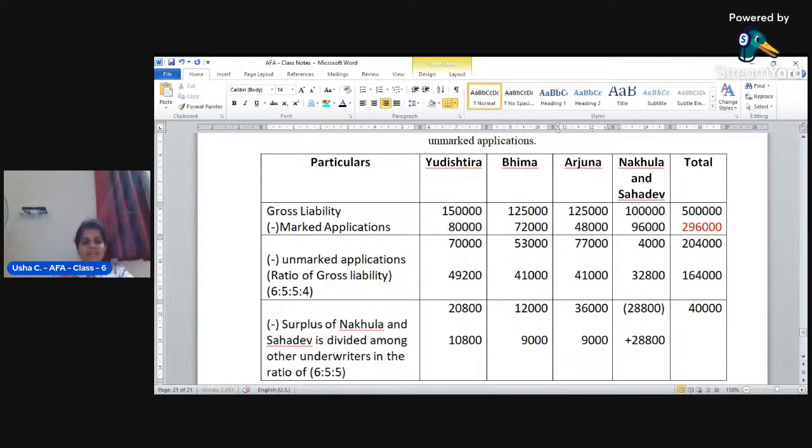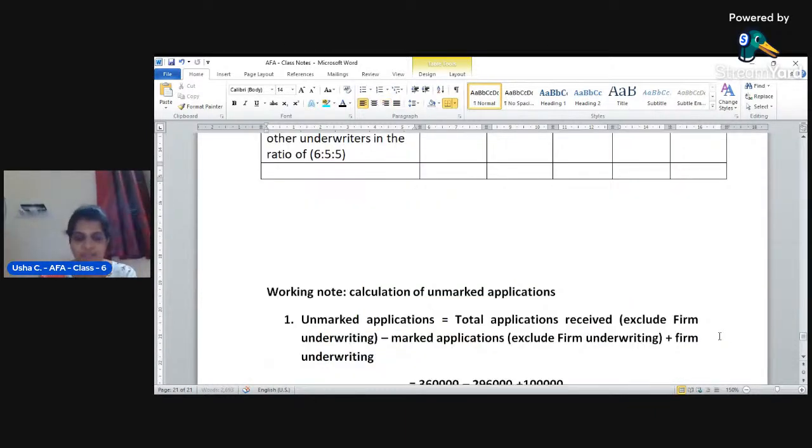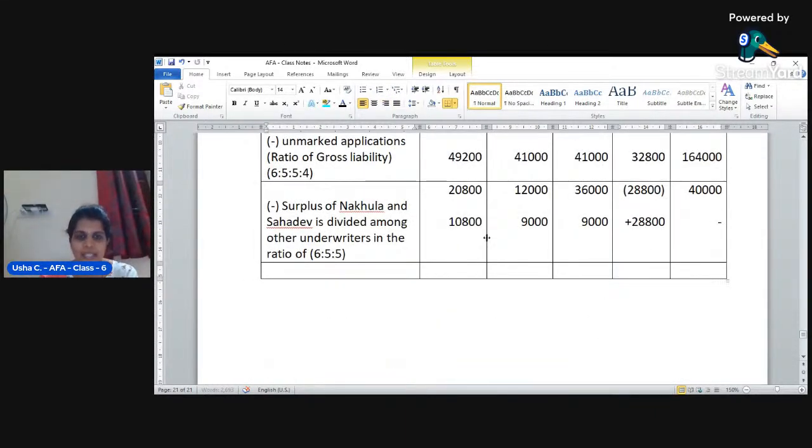Now we have distributed the surplus of Nakula and Sahadeva among Yudhishthira, Bhima, and Arjuna. Then the total is nil because the 28,800 of value is being distributed among the other underwriters. Now take the difference of this. 28,800 minus 10,800 is 18,000.